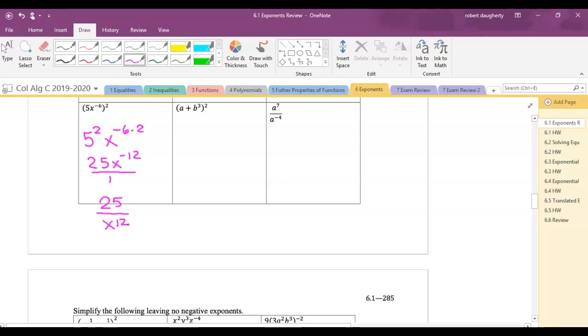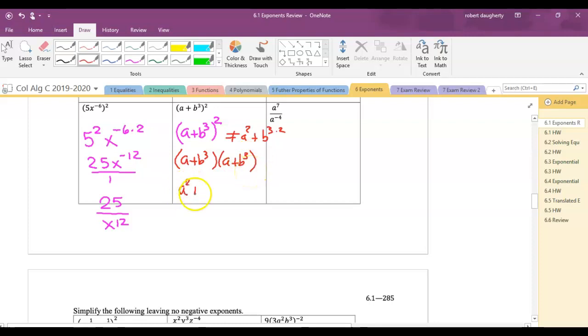Okay, this one, just testing to make sure that you are paying attention. a plus b cubed, squared, okay? This is not a squared plus b cubed. So it's not this. Remember, this is a plus b cubed times a plus b cubed, okay? You FOIL this.